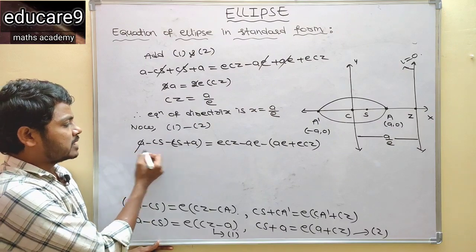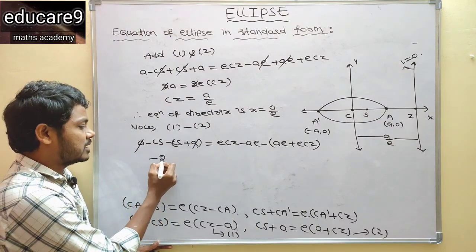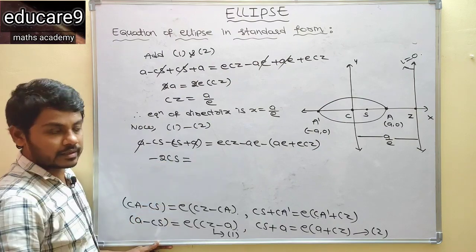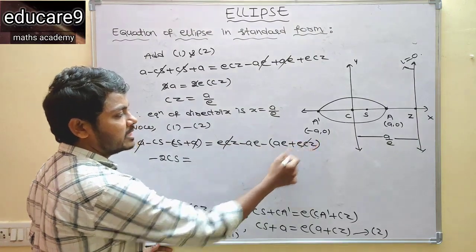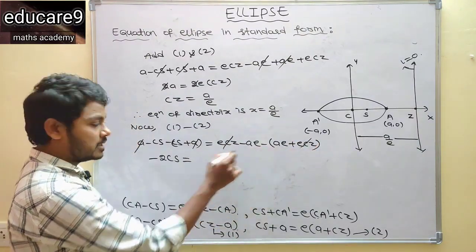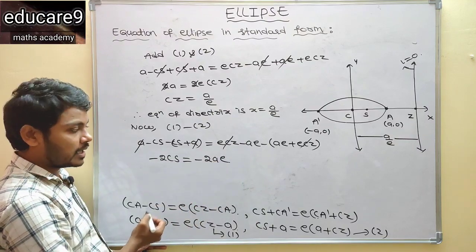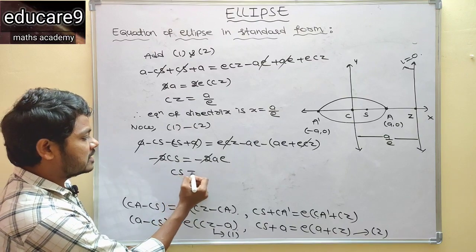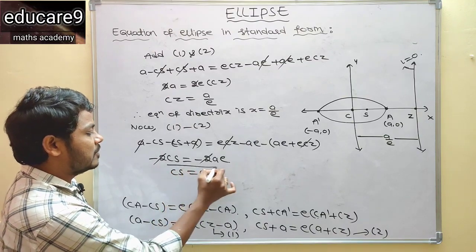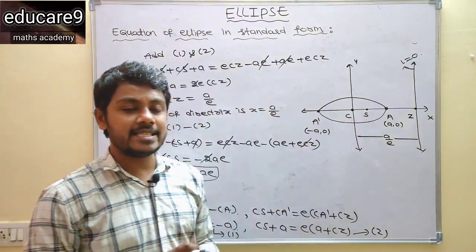Now see here, plus a minus a get cancelled. Minus CS minus CS is minus 2CS. Next e into CZ minus e into CZ get cancelled. Minus ae minus ae is minus 2ae. Here minus 2 gets cancelled. So what is CS? CS is equal to ae. It means the distance from the center to the focus is ae.